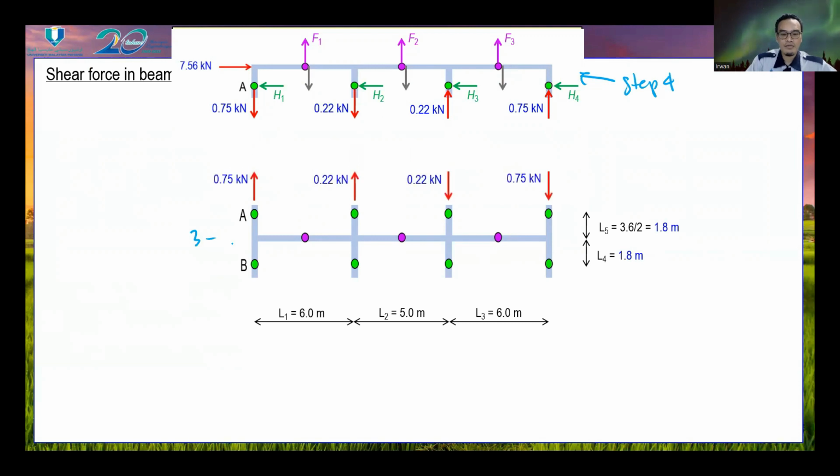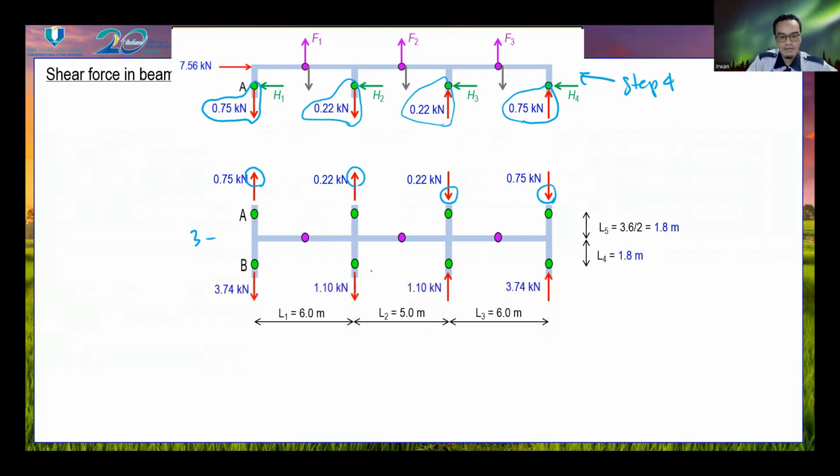Next. We have to consider the value of axial force from the upper column, but be careful with the direction. We change the direction. And then this is the value of axial load in the column we calculated just now.